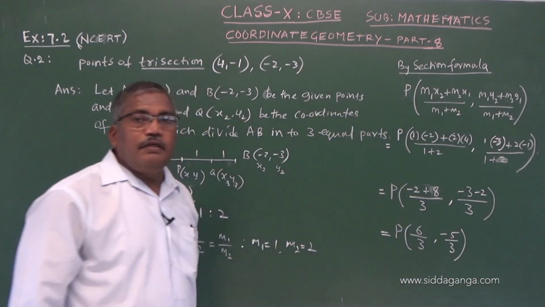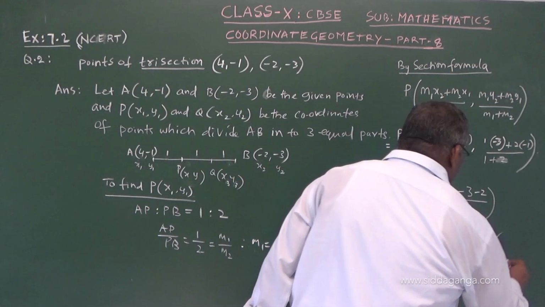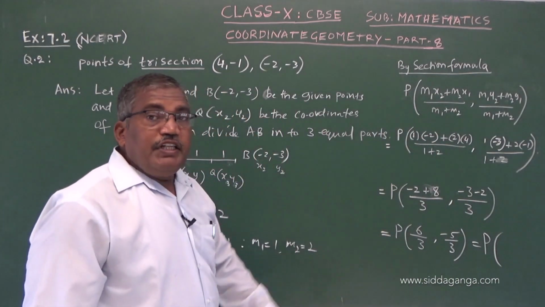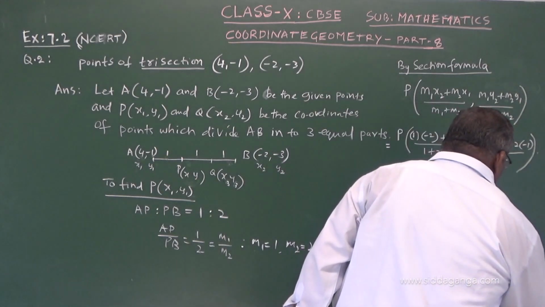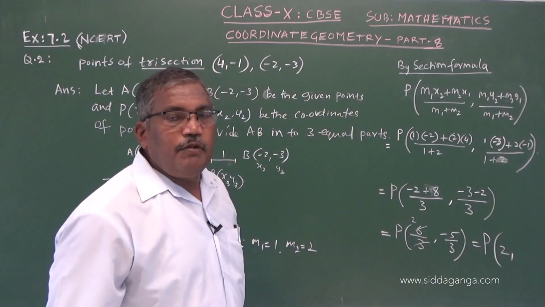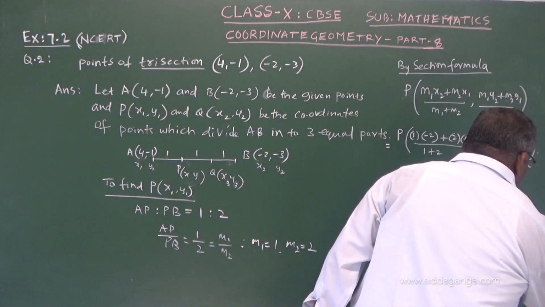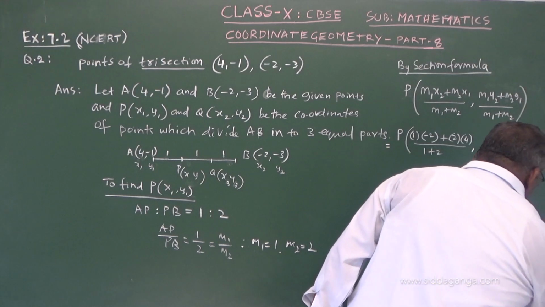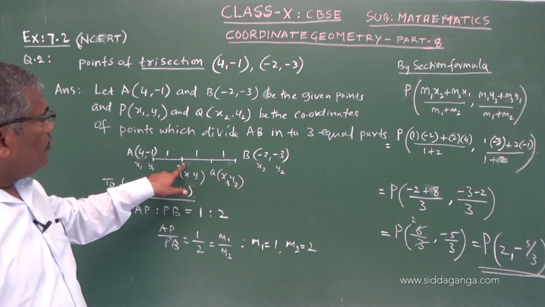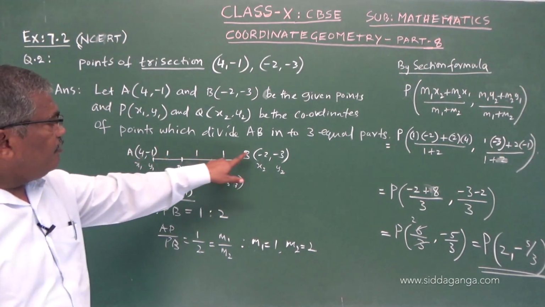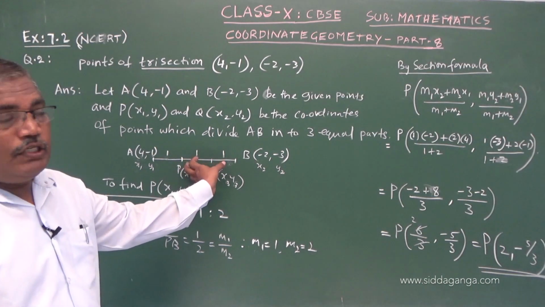So the coordinates of P will be 6 by 3 is 2, and minus 5 by 3. So this is the coordinates of the point P which divides line AB in the ratio 1 is to 2.